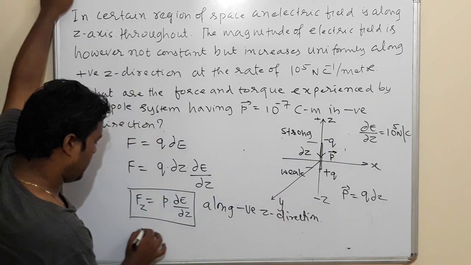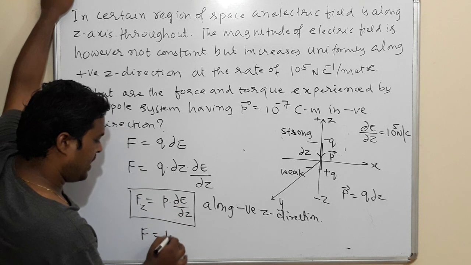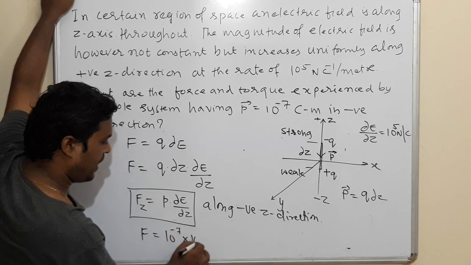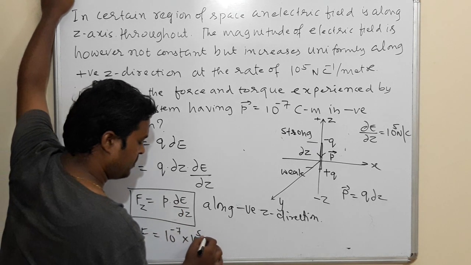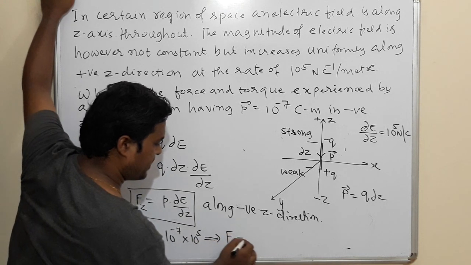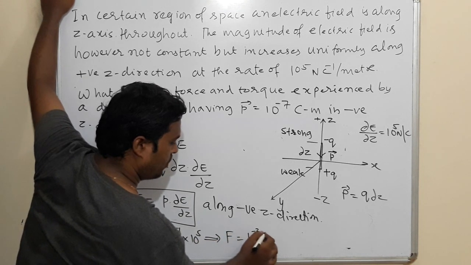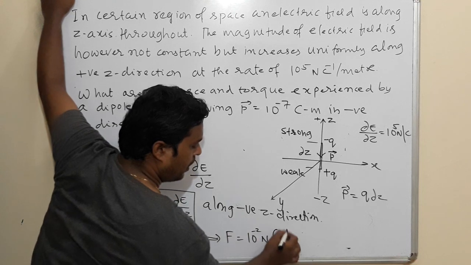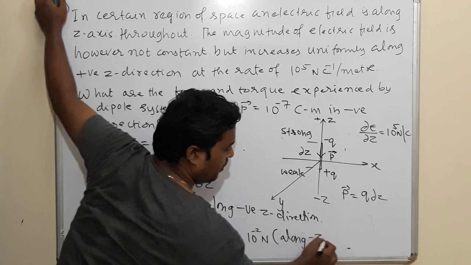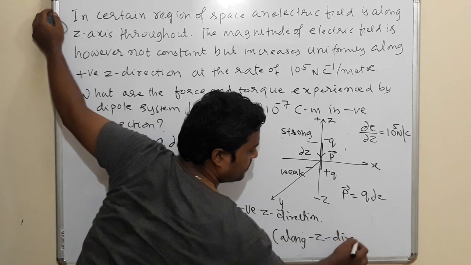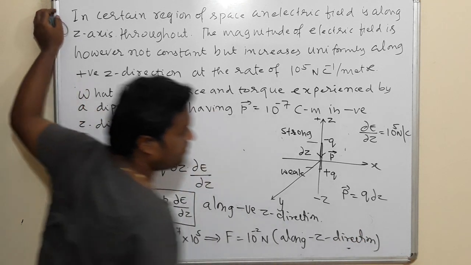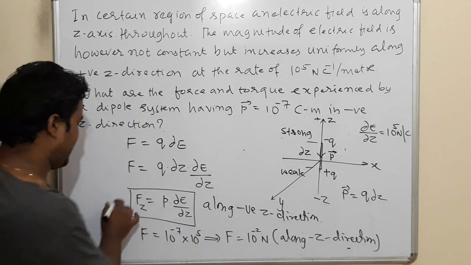Then this force will be equal to 10 raised to minus 7 into 10 raised to 5. This implies that F is equal to 10 raised to minus 2 Newton along the minus z direction. Understood this? This is very important.